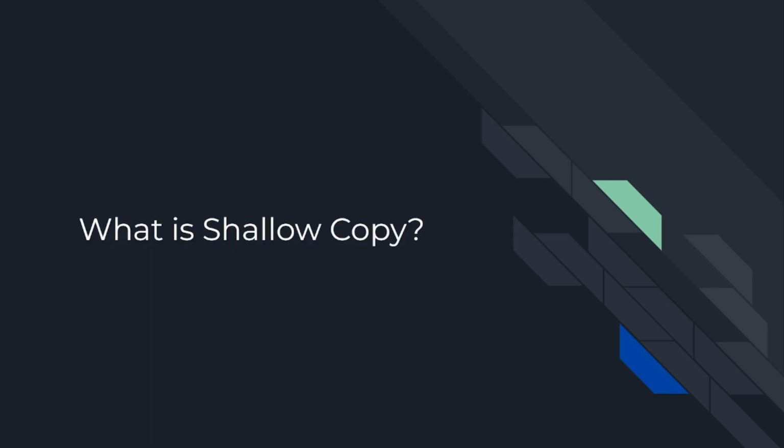So let's get started. So what is a shallow copy? Making a shallow copy of an array or object means creating new references to the primitive values inside of the object, copying them. That means that changes to the original array will not affect the copied array, which is what would happen if only the reference to the array had been copied, such as would occur with the assignment operator equal to.